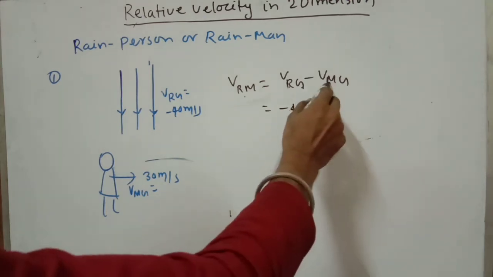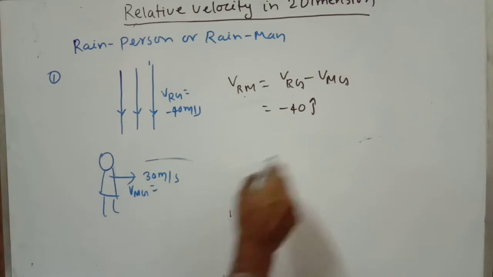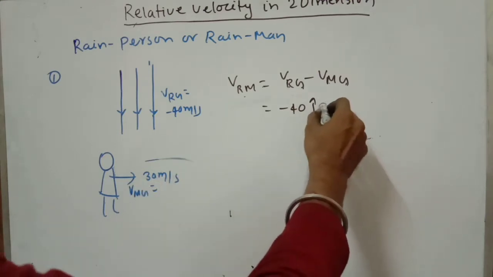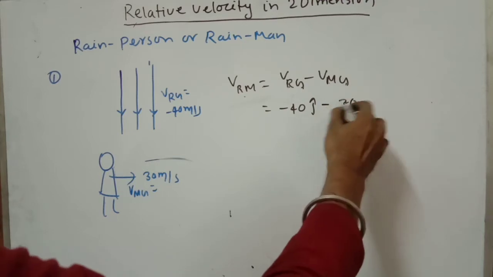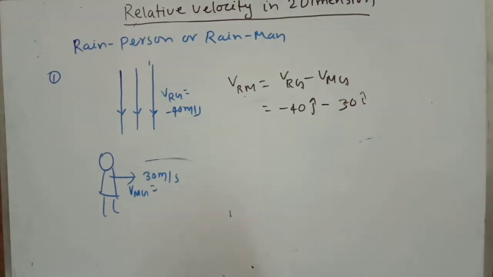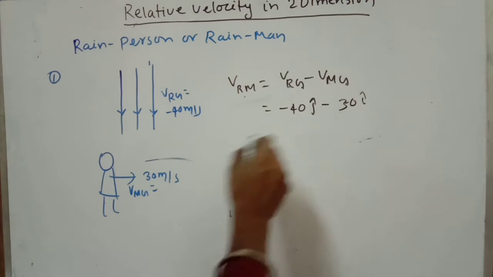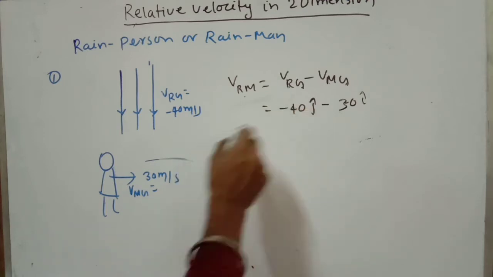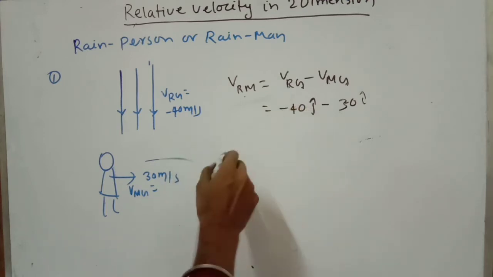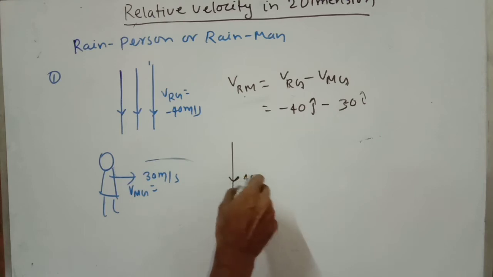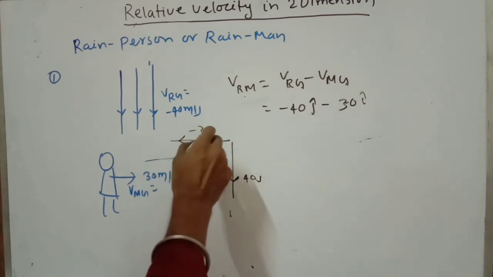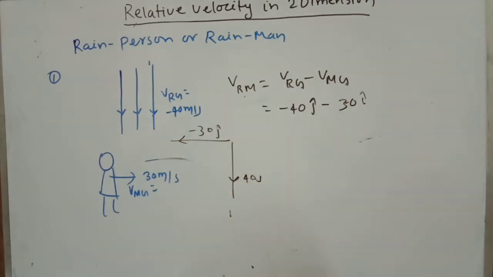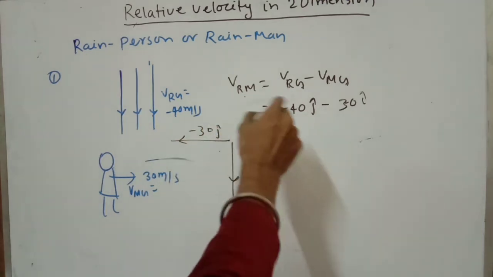The velocity of man with respect to ground goes in this direction, so you can write 30 i. Now you can draw the vector diagram of the resultant: minus 40 j and minus 30 i.